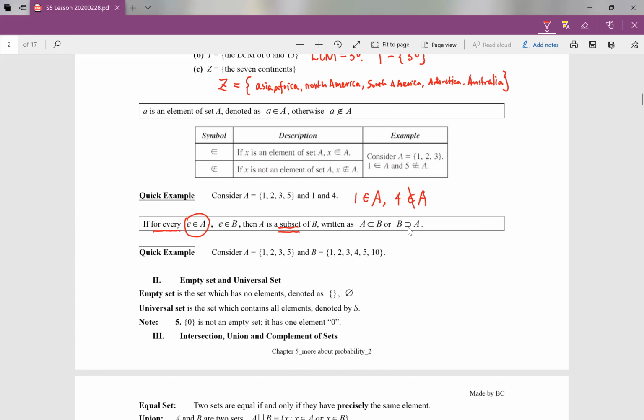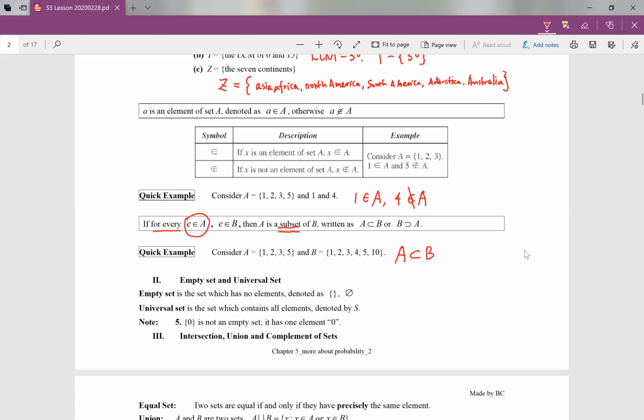If you write B in front of A like that, it means that A is a subset of B. What does that mean? For example, set A is {1, 2, 3, 5}, and set B also contains the same numbers 1, 2, 3, 5, and more. In that case, every element in A also belongs to B. So in this case, A is a subset of B.